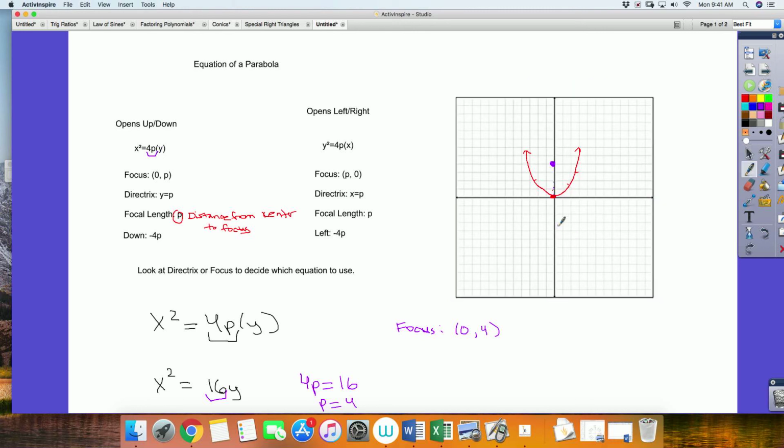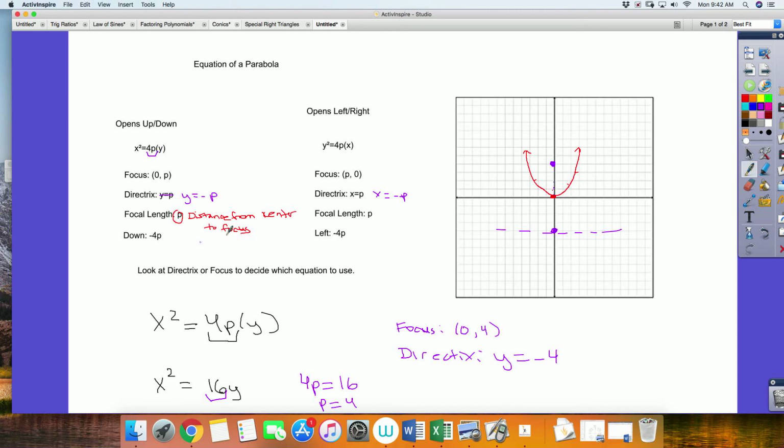Oops, I lost my pen. So my directrix is y equals negative 4. So once you know one, you can find the others. So that equation should actually be y equals negative p. And x equals negative p. Sorry about that.